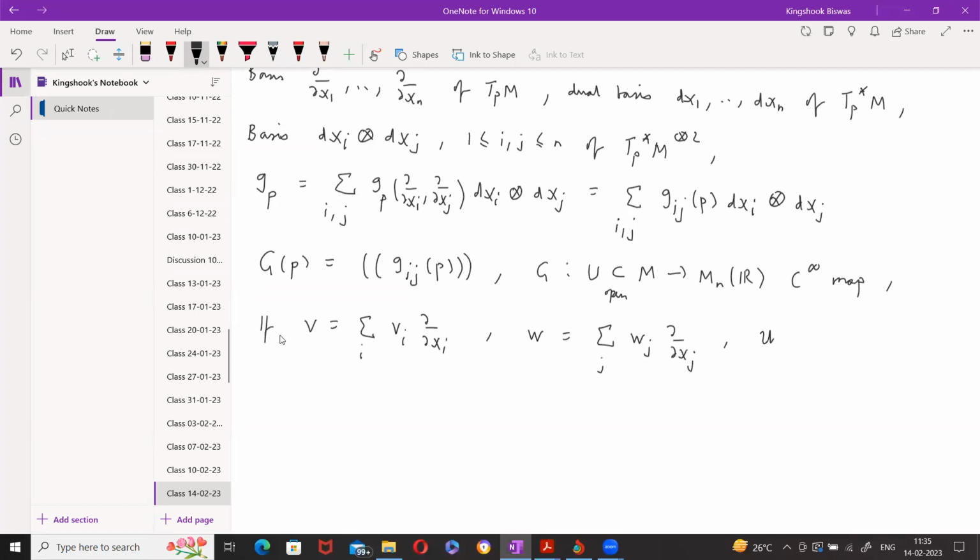Then g_p of V, W will be, by bilinearity, the sum over i, j of ViWj g_p of del del xi, del del xj.